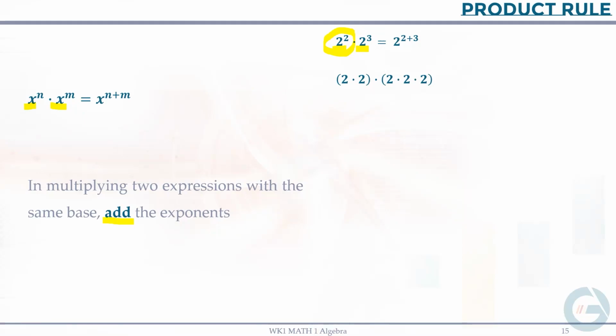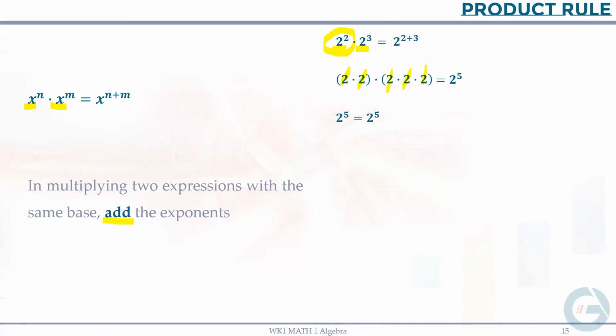So this is the left side of the equation. This is equal to 2 raised to 5 since we add the exponent 2 plus 3. So how many 2s do we have in the left side? We have 1, 2, 3, 4, 5. So which means we multiply 2 five times. So that is the same as 2 raised to 5, right? So that's your proof that this product rule is true.